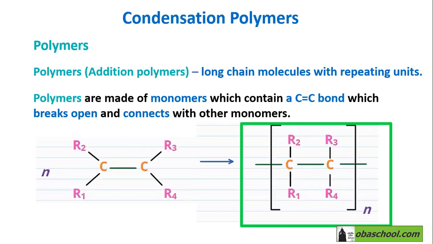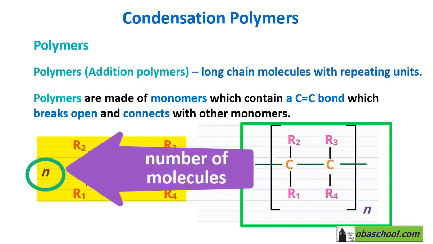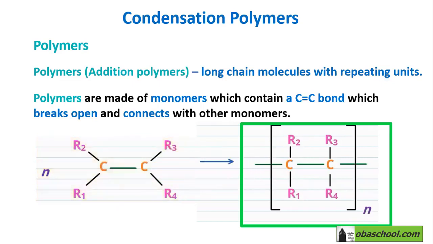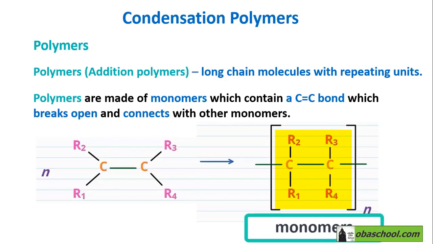We know that with the equations for polymerization, we show n molecules. The letter n means the number of molecules, to show that it could be any number, and it is usually large, on the left-hand side. And these form a chain that contains n monomers within it.